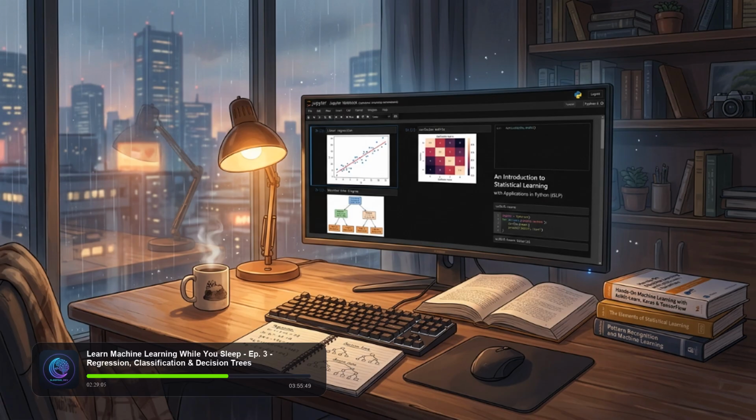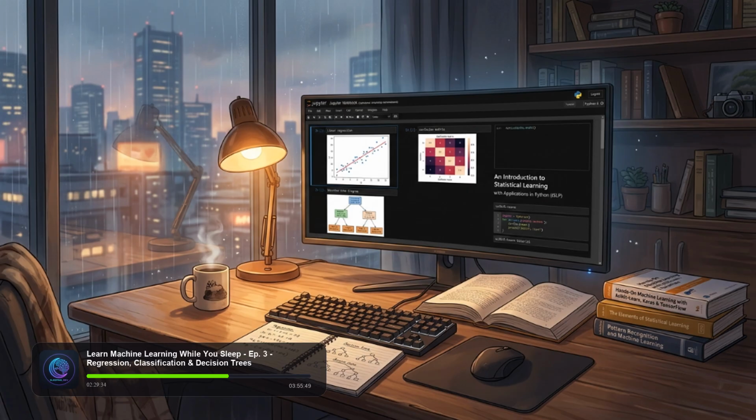For a bootstrap sample of size n, the probability that an observation is completely omitted from the sample equals the quantity 1 minus 1 divided by n raised to the power of n. As the dataset size n grows large, this mathematical expression converges rapidly to 1 divided by Euler's number, which equals approximately 36.8%. This probability reveals a critical insight.